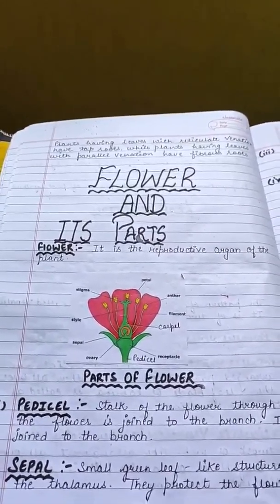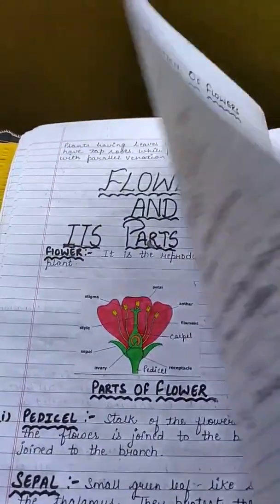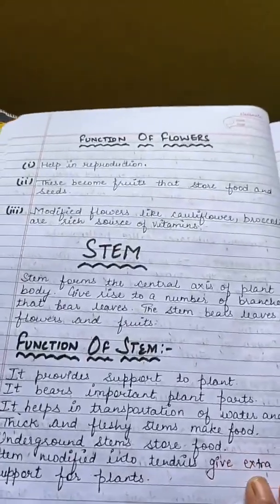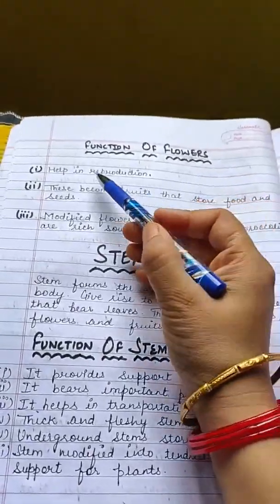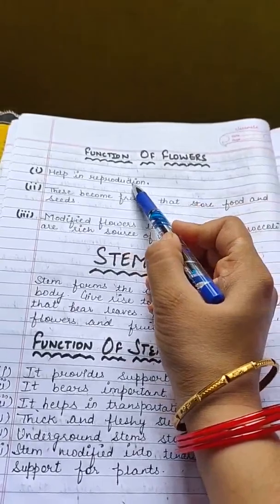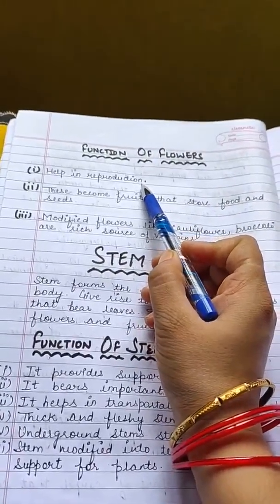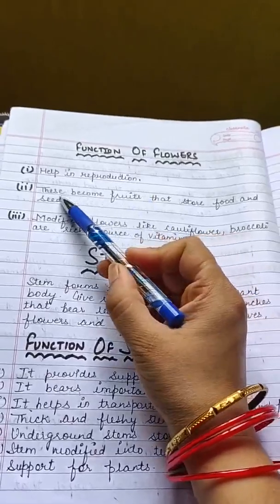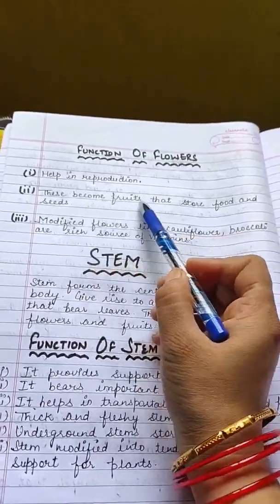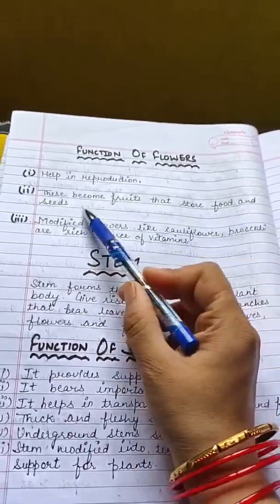Now there are several functions of flowers also. So what are the functions of flower? Flowers help in reproduction. Flowers are the reproductive organ, that's why they help in reproduction.